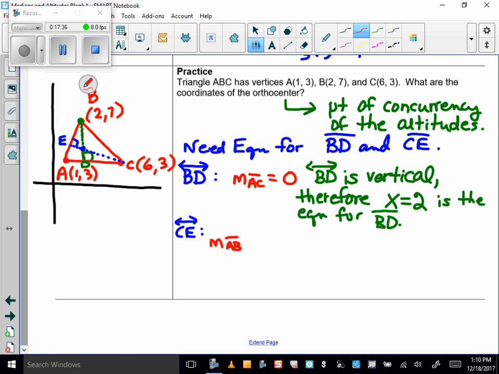And then it's going to be the negative reciprocal. So the slope of AB is going to be 7 minus 3, which is 4, divided by 1. So 4. So that means the slope of CE is going to be negative 1/4, right? Because it's perpendicular.